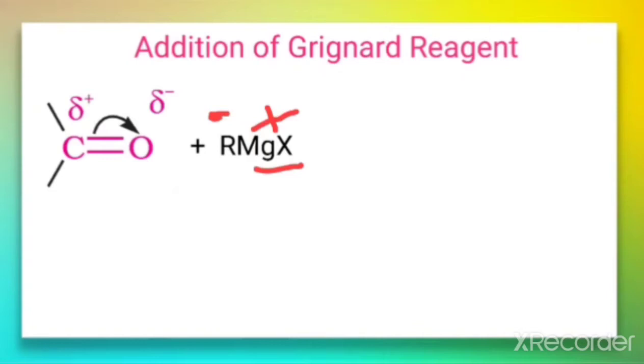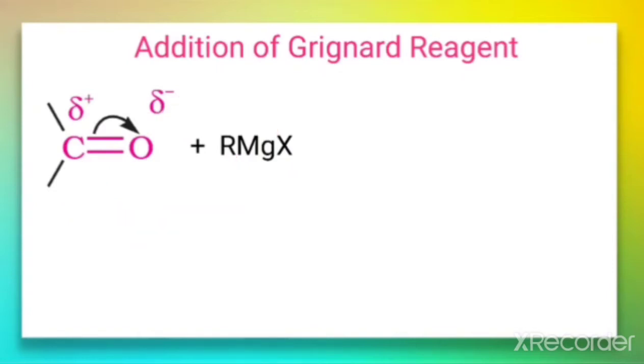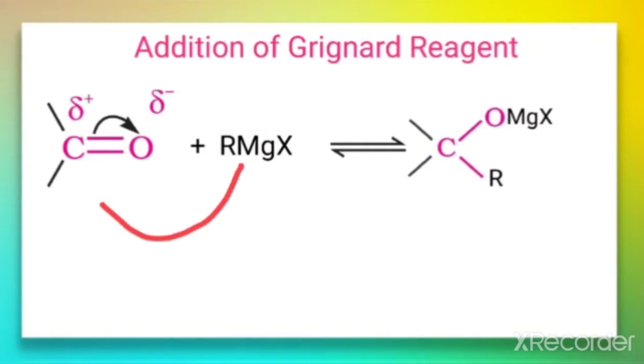So the negative R attacks the partially positive carbon because negative goes with positive, and MgX gets attached on the partially negative O. So that results in the formation of an intermediate in this way. Now you can see here R is with the carbon and MgX with oxygen, that we can write as OMgX.